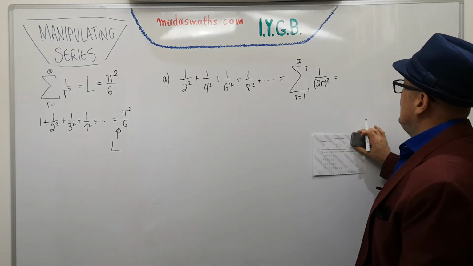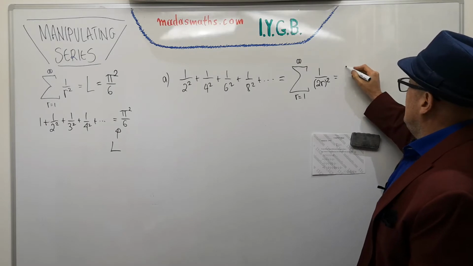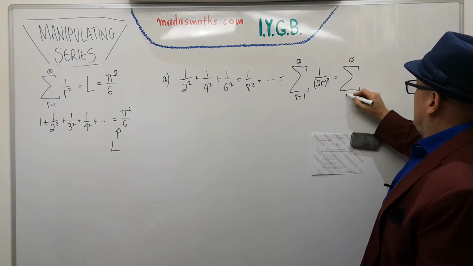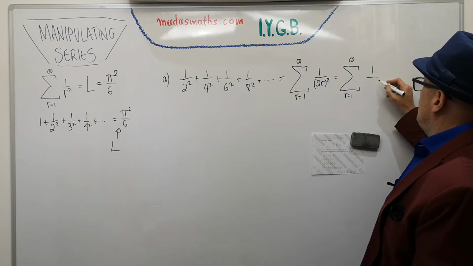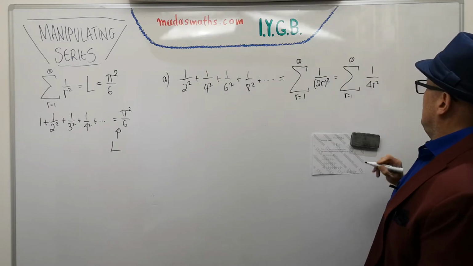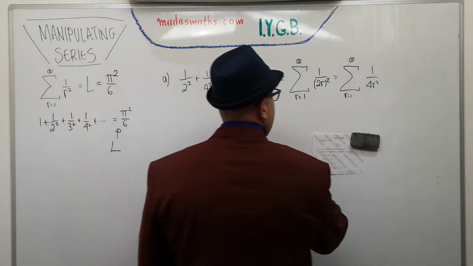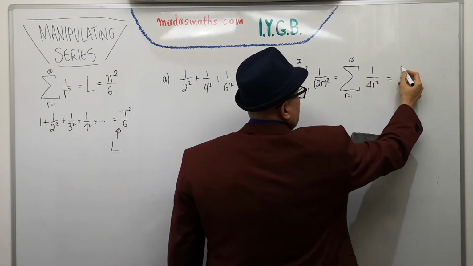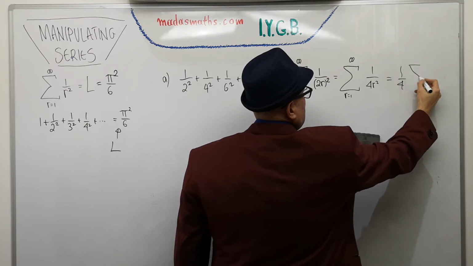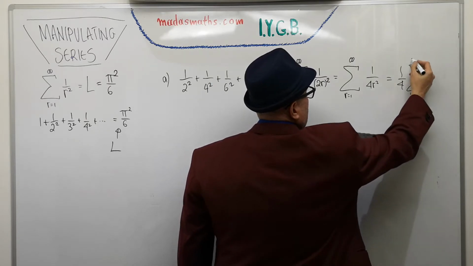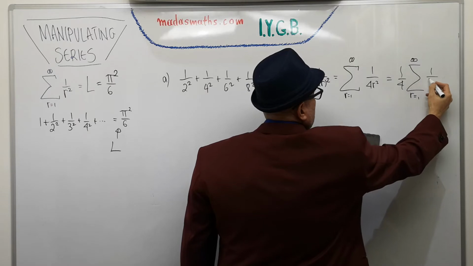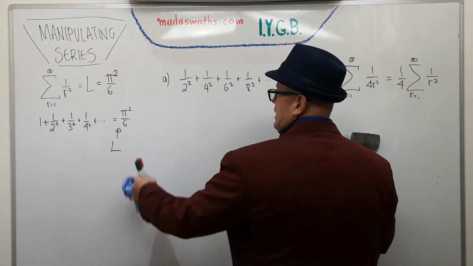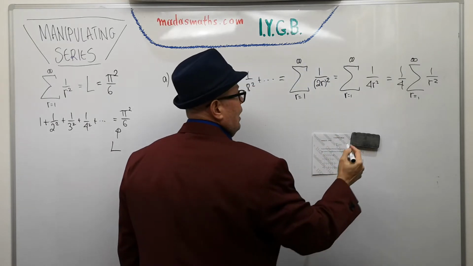Of course we can manipulate a sigma very easily, so we can write 1 over 4r squared, and now we can use the linearity of the sigma operator. So this quarter we can write at the front of the sigma from r equals 1 to infinity of 1 over r squared, and this particular sum is known to be L, or pi squared over 6.